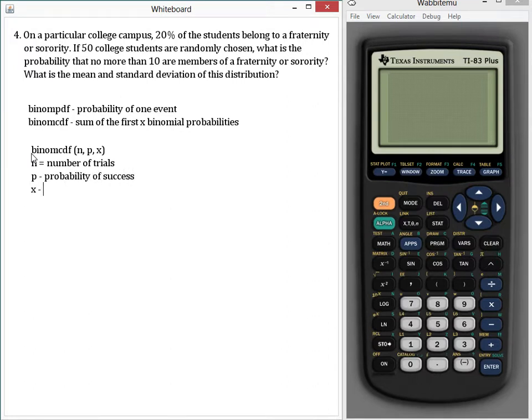And x is the number of successes. And it's always going to add, starting with 0 successes to 1, 2, 3, 4, all the way up to whatever x is. So in this case, we have 50 trials, so n is 50. So let's go ahead and start there.